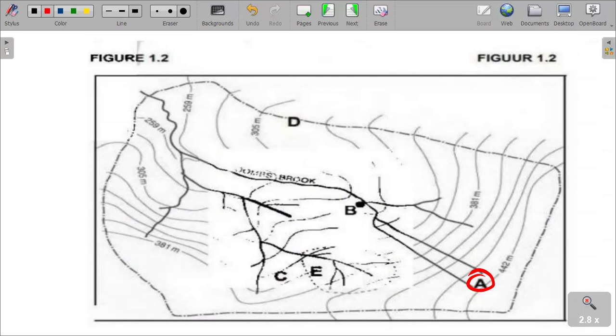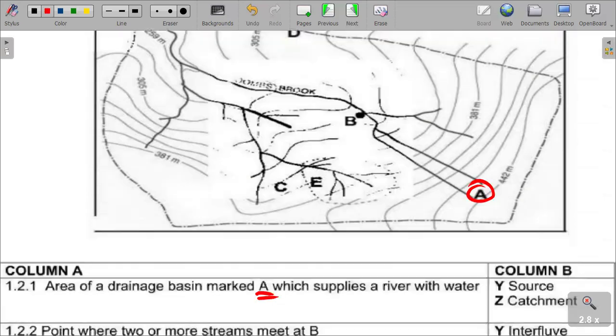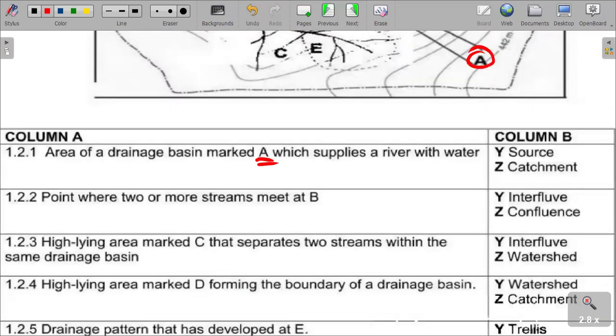So it is the point where the stream is originating. The stream is starting from point A, so it is called the source, the point where the river starts. A is the source where the stream is starting, and then it feeds water into the stream.